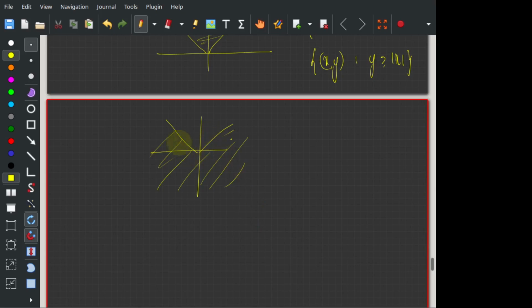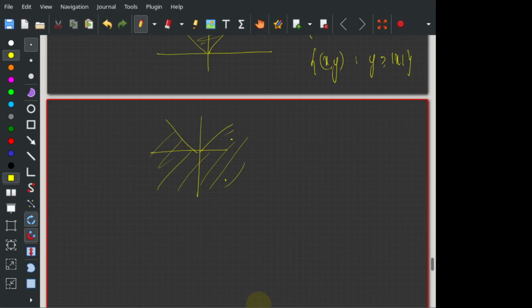Okay, you take any point here, take this point over here. Is the ray from the origin passing through this point contained in this set? It is, right? If we take some point in the fourth quadrant, you're not allowed to extend it to the other quadrants, that's the whole point.